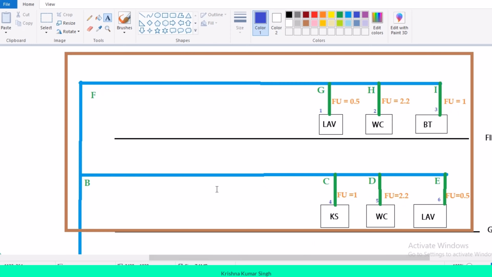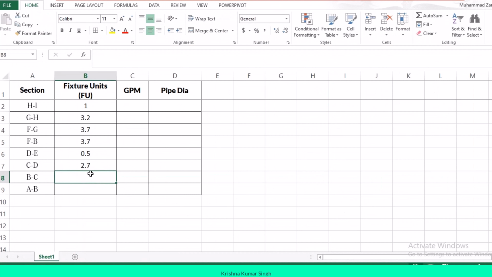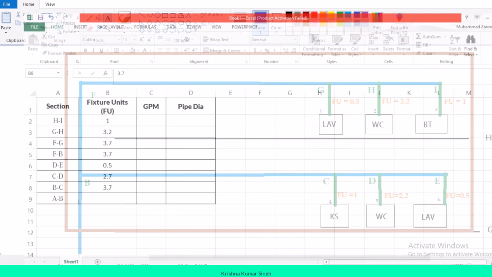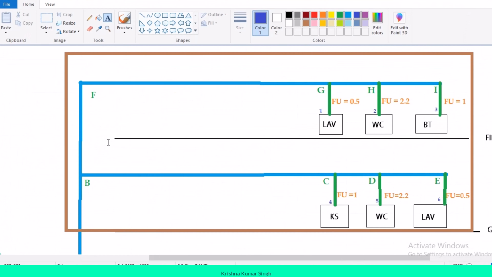So this BC section must have 3.7 fixture units. So now we have calculated the fixture units for both of these two branches.